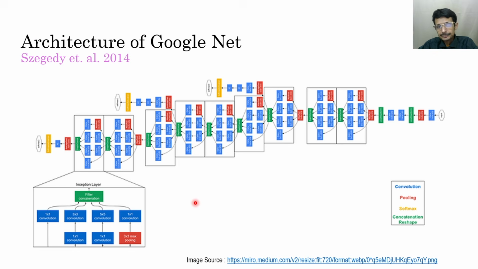Now we will see what we mean by inception layer. You can see here this inception layer or inception module. This is some previous layer that is coming in, and it goes to 3 cross 3, 5 cross 5, and 1 cross 1. These are parallel filters, and they are concatenated to get the next output layer.